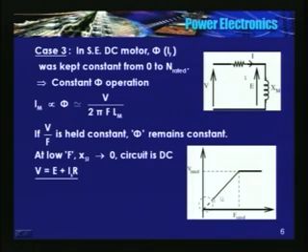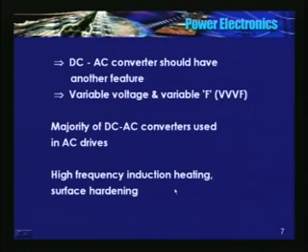Anyway, these are the conclusions that I can make. A DC to AC converter should have another feature. That feature is, from very low speed to the rated speed, both magnitude of the voltage as well as the frequency should be variable. So that V by F remains constant.